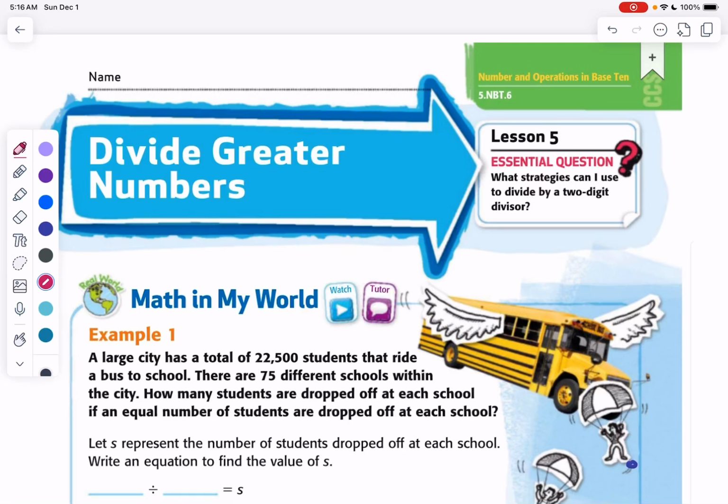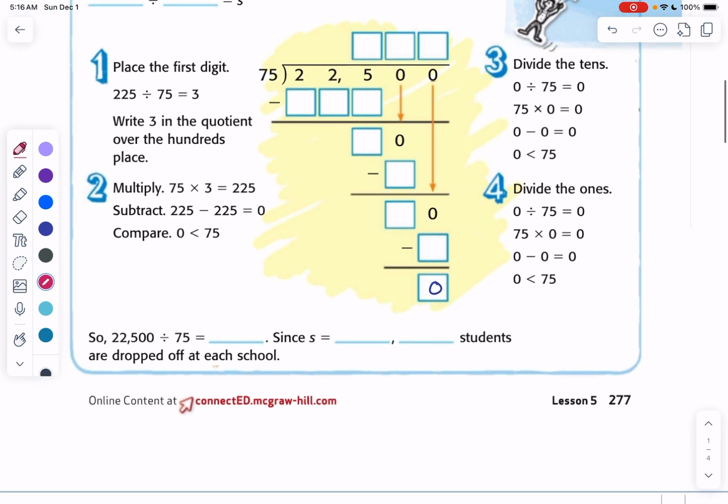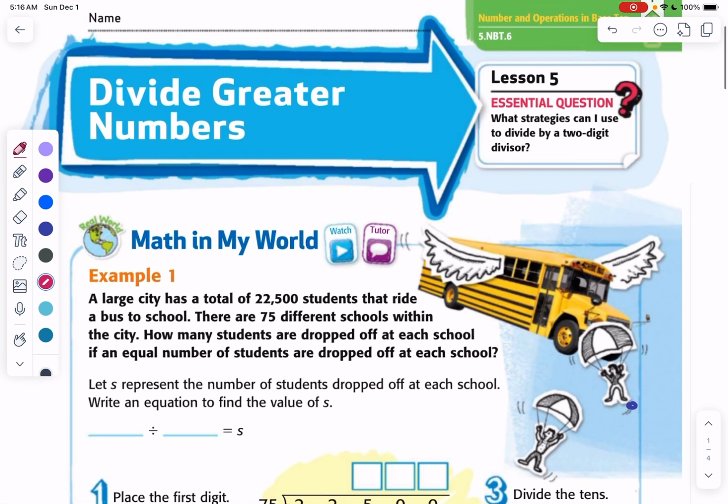I'm here with Chapter 4, Lesson 5 today, starting on page 277. Just look for the school bus on your paper, the flying school bus. And we're dividing by greater numbers today, and we're still thinking about, which will probably be the theme for most of this chapter, what strategies we can use to divide by a two-digit divisor.